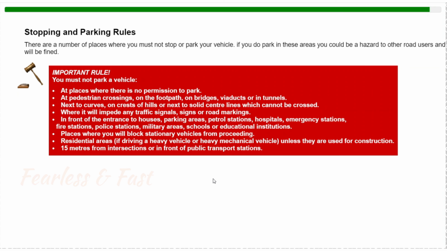In front of the entrance to houses, parking areas, petrol stations, hospitals, emergency stations, fire stations, police stations, military areas, schools or educational institutions. Places where you will block stationary vehicles from proceeding. Residential areas if driving a heavy vehicle or heavy mechanical vehicle unless they are used for construction. 15 meters from intersections or in front of public transport stations.